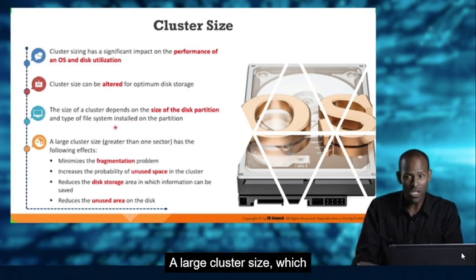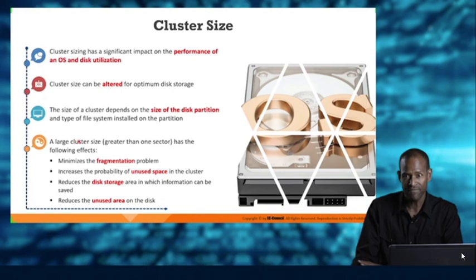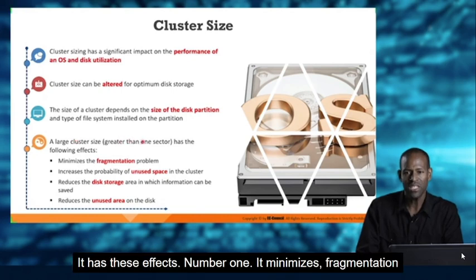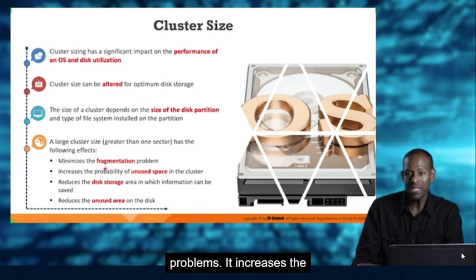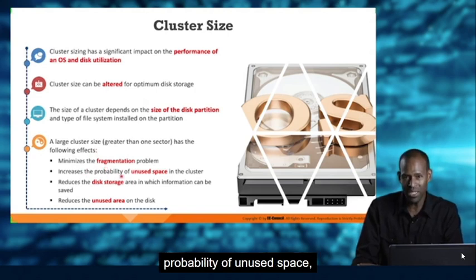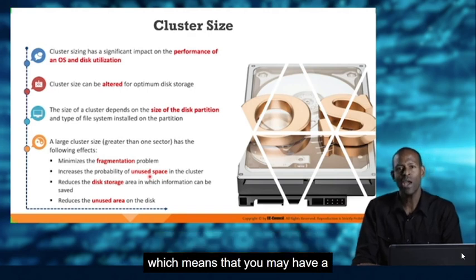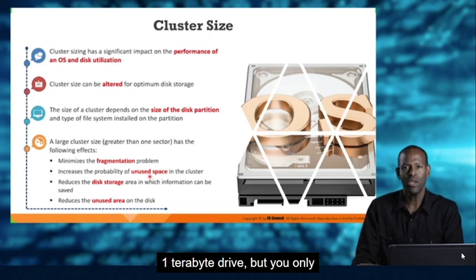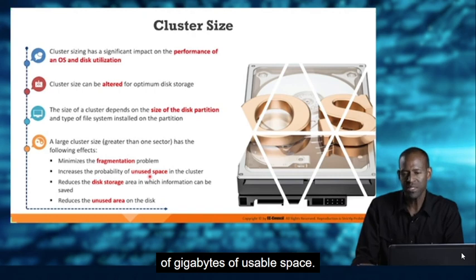A large cluster size, which is greater than one sector. So if you have a large cluster size, it has these effects. Number one, it minimizes fragmentation problems. It increases the probability of unused space, which means that you may have a 1 terabyte drive, but you're only going to have some hundreds of gigabytes of usable space.